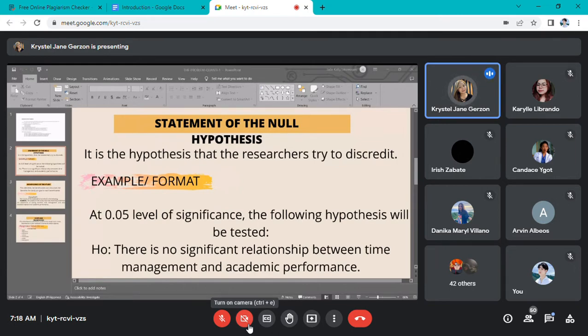Otherwise, we would not actually conduct research if you had no assumption that the two variables are correlated, or that one variable affects the other, or that male and female are different from each other when it comes to a certain variable.